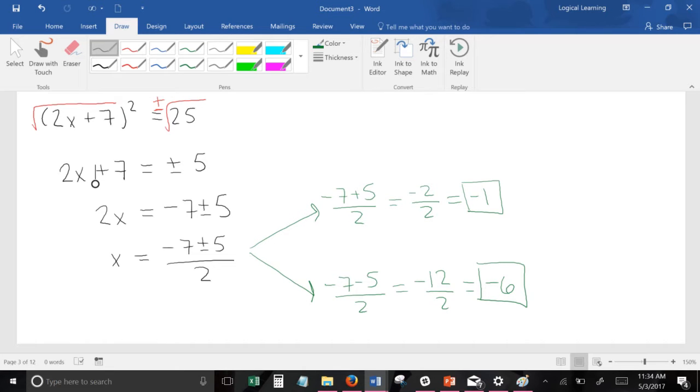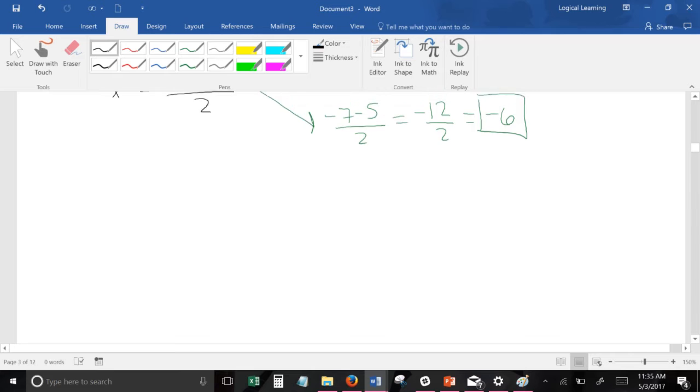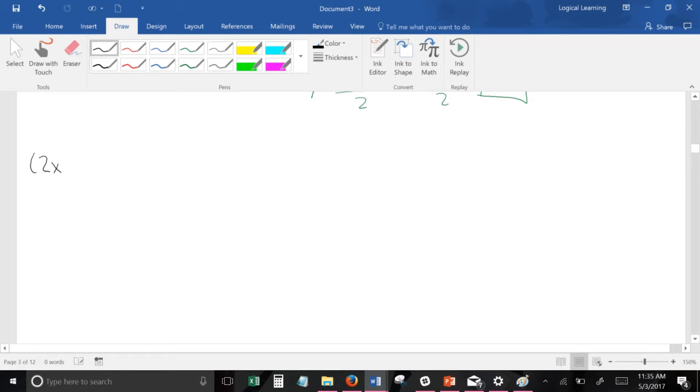Now let's look at what happens if we choose to FOIL it out. So we have (2x + 7) squared is equal to 25.